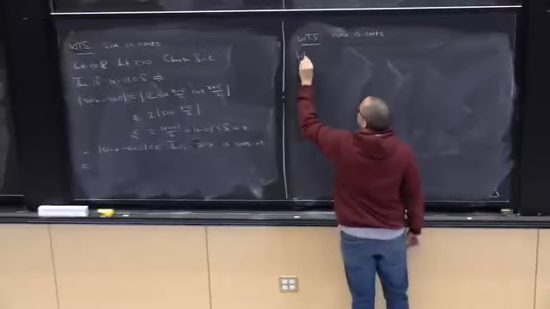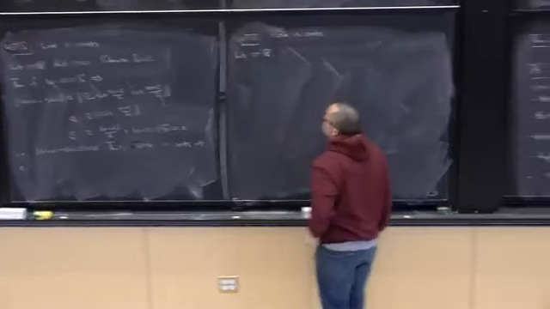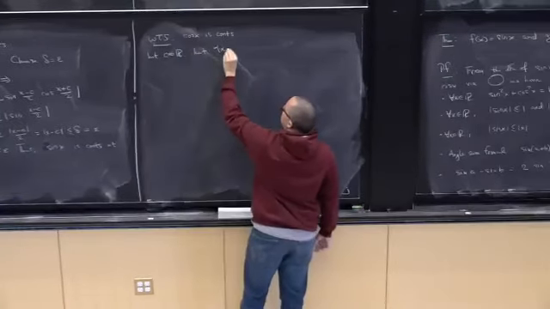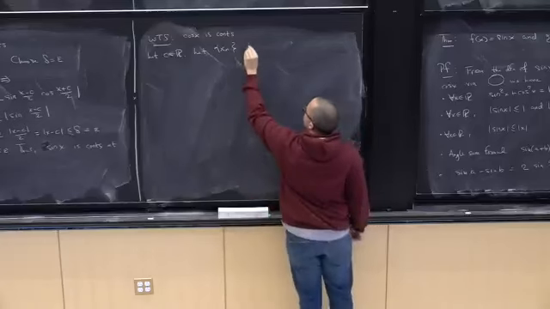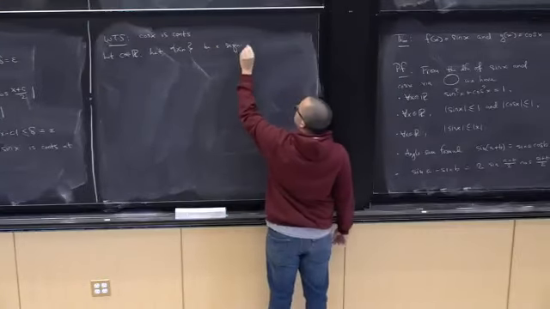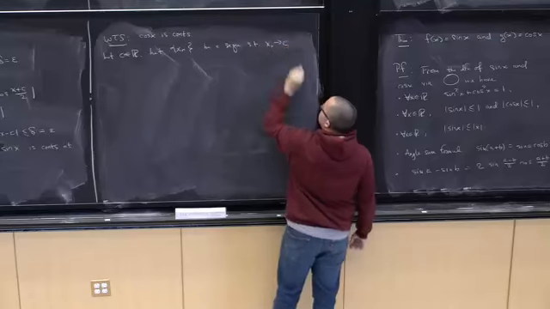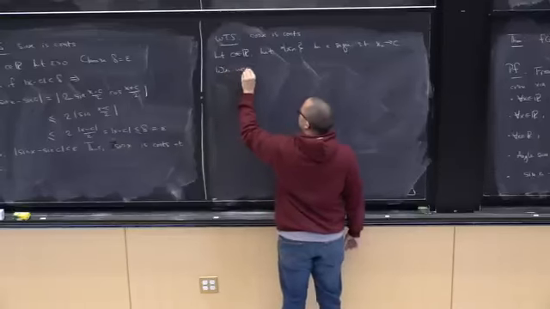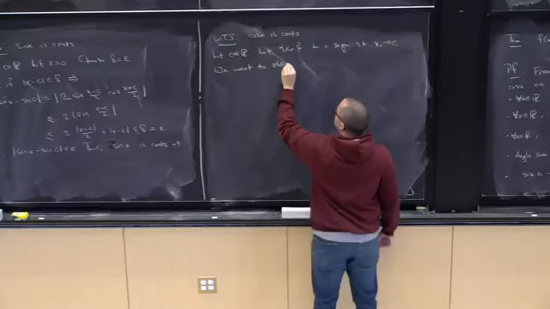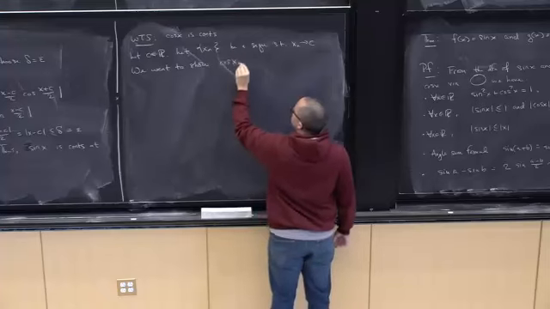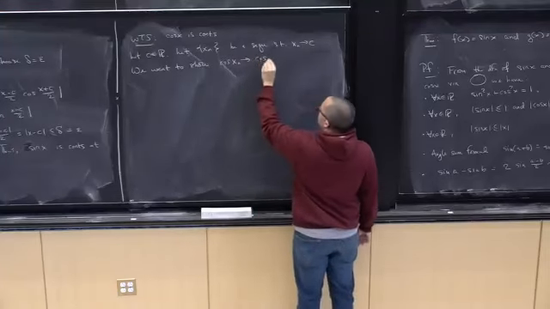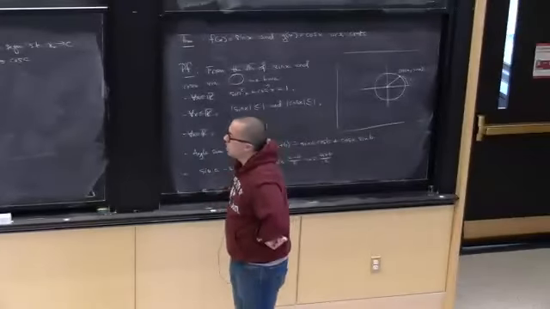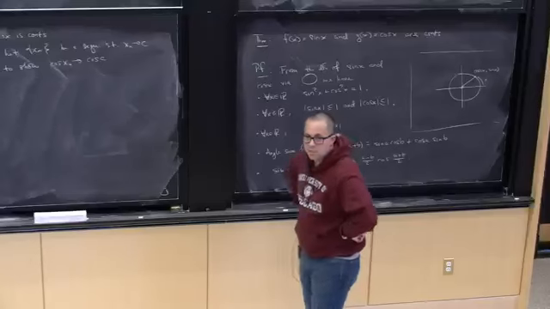So let c be an element of R. Let x_n be a sequence converging to c. And we now want to show that cosine of x_n converges to cosine of c. Once we've done that, then by the theorem we proved previously, we can conclude that cosine is continuous at c.